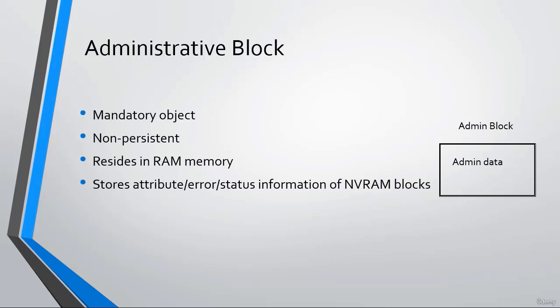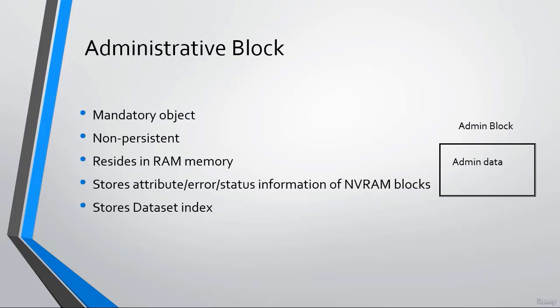Apart from this information, there is one more important piece of information stored in an admin block, which is the dataset index. The dataset index is used to access a dataset. If you don't know about a dataset, it's like an array in C programs. To access an array, we have to use an index, right?